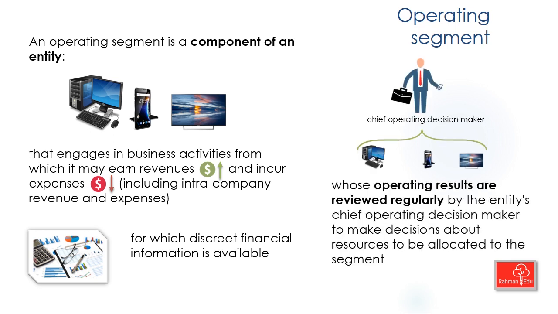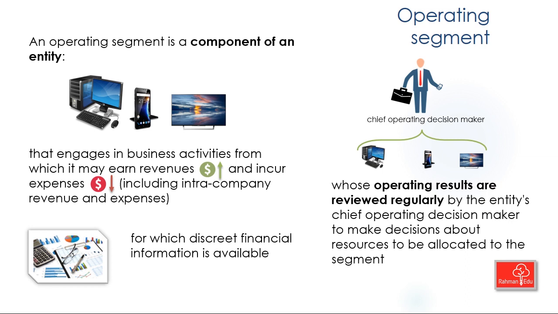There is another major condition: the performance of this component is regularly reviewed by the chief operating decision maker of the entity for making decisions such as resource allocation. How much resource to be allocated to the computer division, how much to the mobile division or television division? In order to make that kind of decision, who reviews the performance?